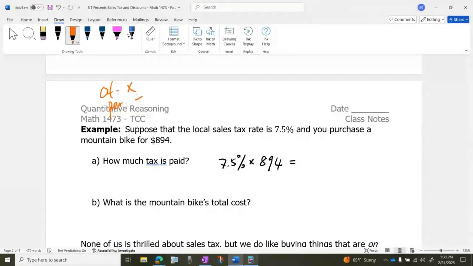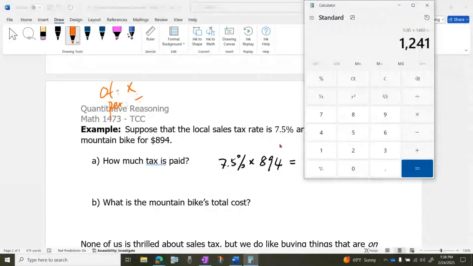Let's do the math using a calculator. 7.5%. So 7.5 per cent. Per means divide by, cent means 100. That's how much 7.5% is. Okay. Multiplied by $894.